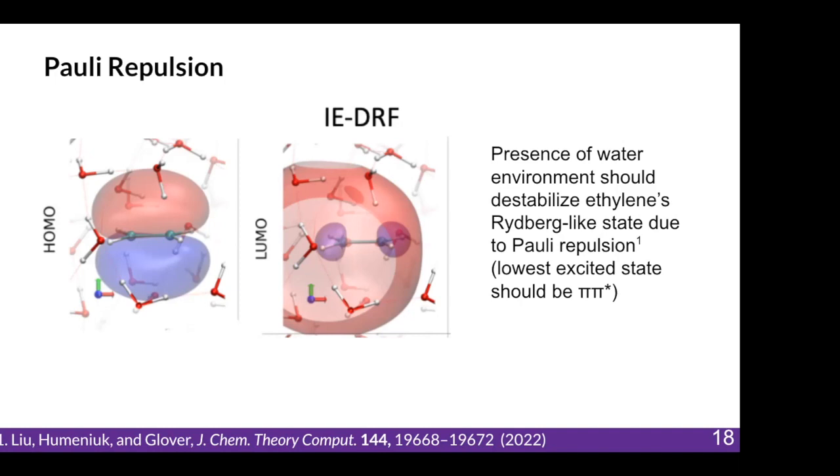And so what we achieve, especially if this Rydberg type state is allowed to have a large amount of overlap with the positive point charges in your MM environment, is an artifactual stabilization of the Rydberg type state that brings it lower and lower in energy, and that actually results in the mixing with what should be the pi star type orbital for ethylene that we see here.